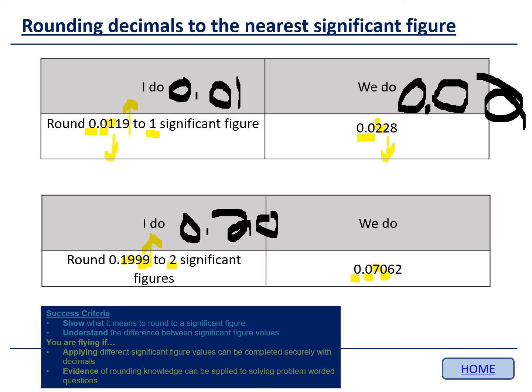Is this going to take us to 71 thousandths, or is this going to keep us at 70 thousandths? Well, we know that 6 is higher than 5, so that's going to take us rounding up. So that's going to leave us with 0.071. Well done if you got that right.